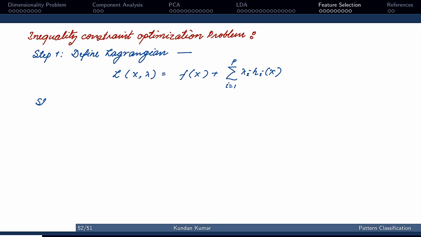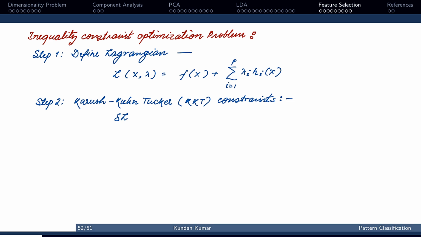In the next step, we write the KKT constraints together. So it is del Lagrangian divided by del xi equal to 0.